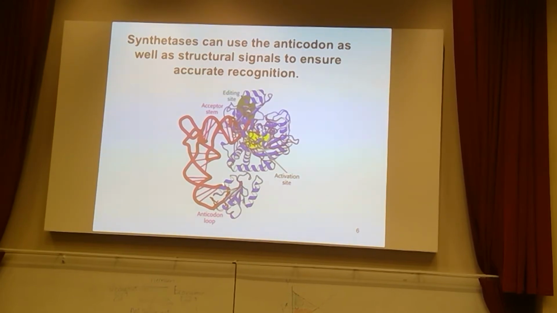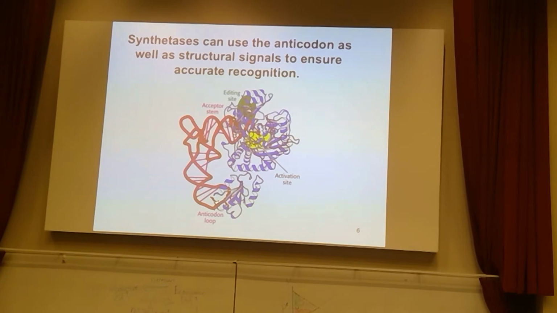We talked before about the fact that in order to discriminate the proper tRNAs, the enzyme is looking at the tRNAs, and it's usually using structural information, the fold of the tRNA. It's looking in the anticodon loop to make sure it's the right one. These have got to be distinct in that anticodon loop. And then it's using all that information as it's hugging the tRNA to make sure it's got the right one.